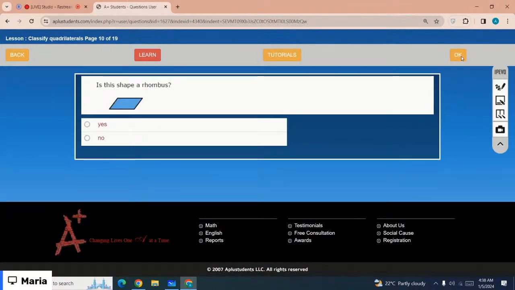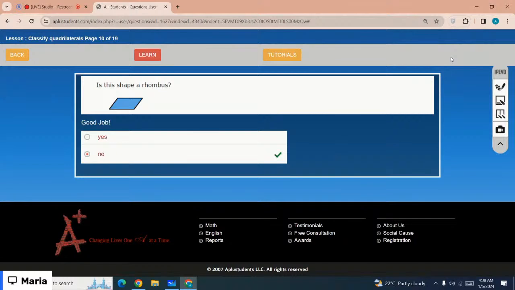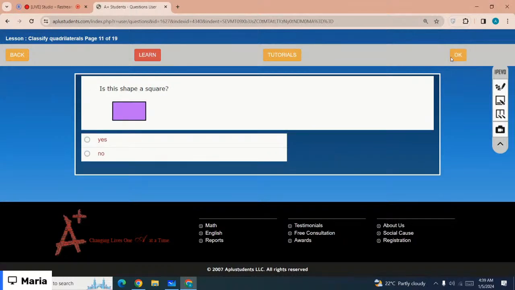Is this shape a rhombus? No, this isn't a rhombus, right? Is this shape a square?